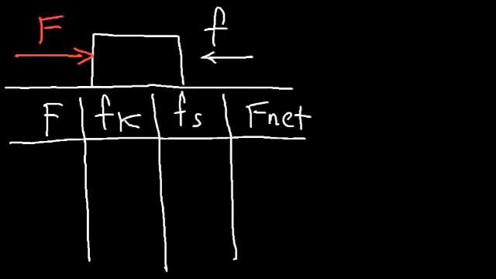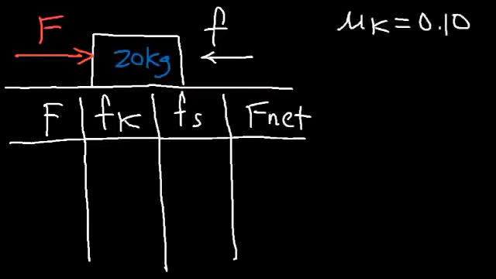Now let's say the mass of the object is 20 kilograms, and let's say mu k is 0.1 and mu s is 0.3.